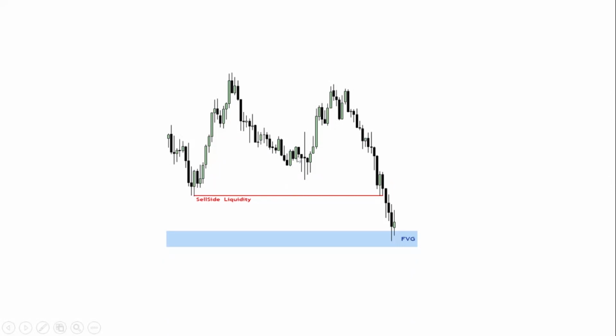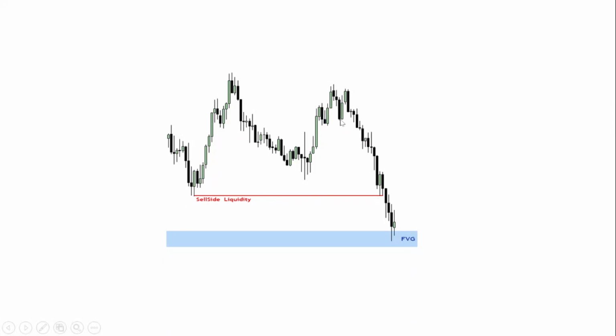For example, price was moving bullish right there, reacted off this order block right here, managed to pretty much reach the minimum threshold and then dropped lower. But now how do you trust that price is going to continue bearish?